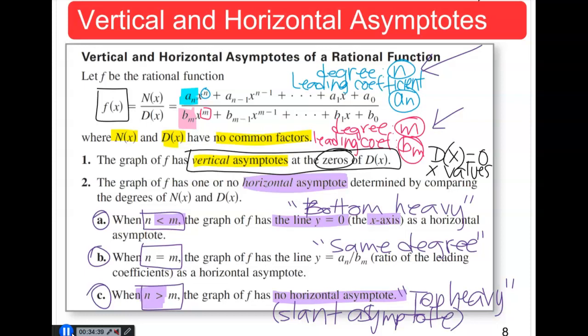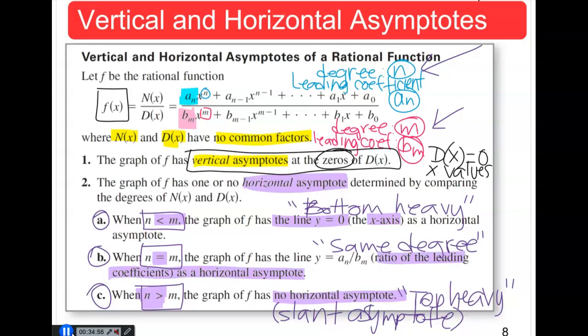And then when the degrees are equal, numerator and denominator, then that's when we're going to use the ratio of the leading coefficients as the horizontal asymptote.